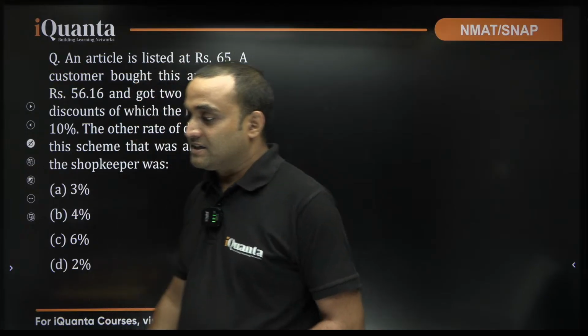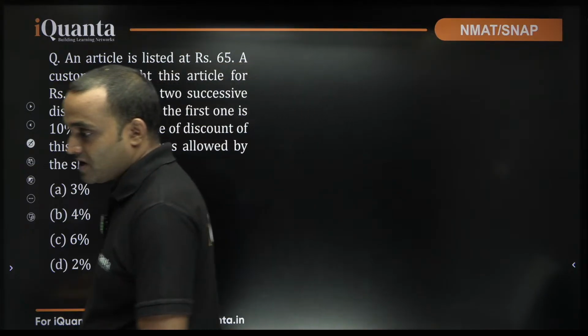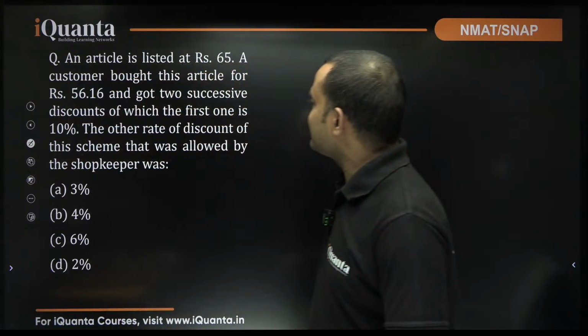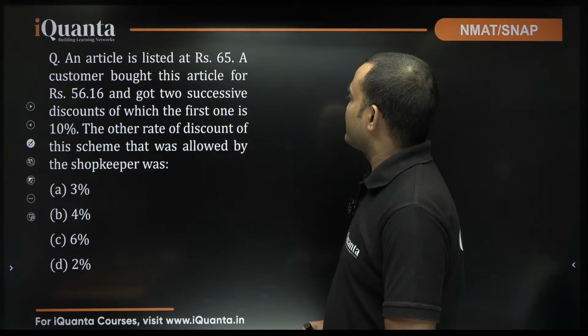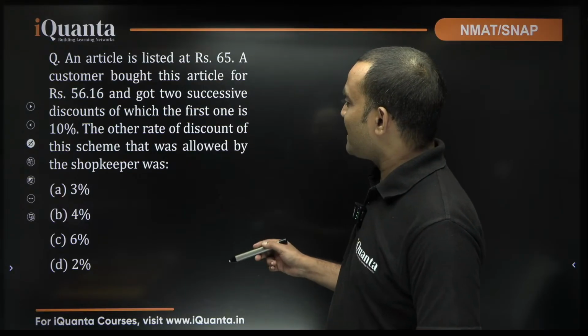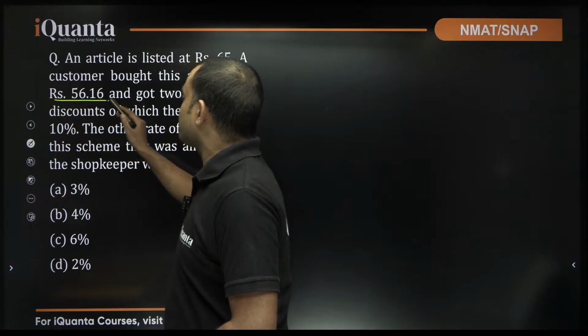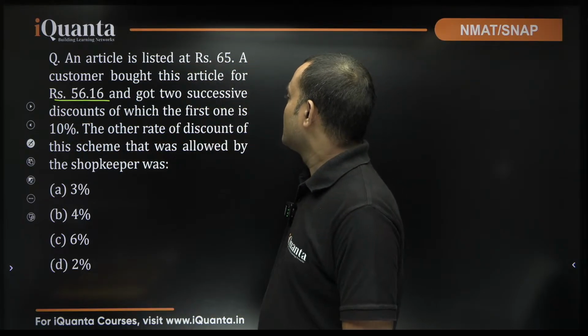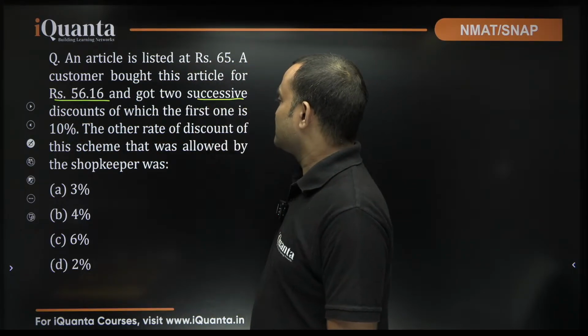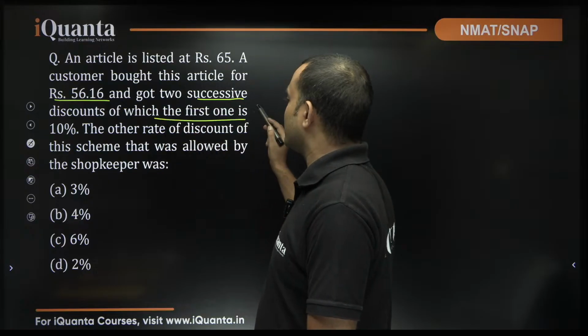All right, this question says an article is listed at 65 rupees. A customer bought this article for 56.16 and got two successive discounts, of which the first one is 10%.